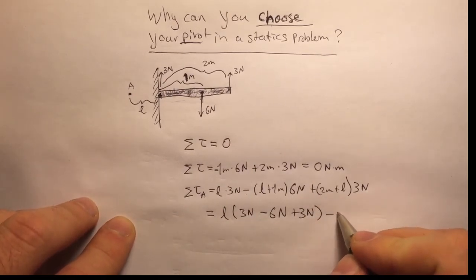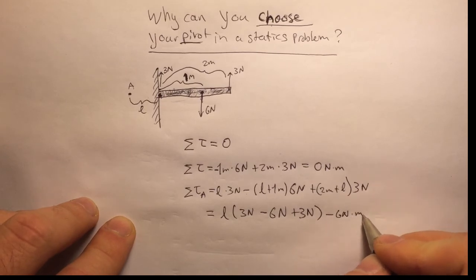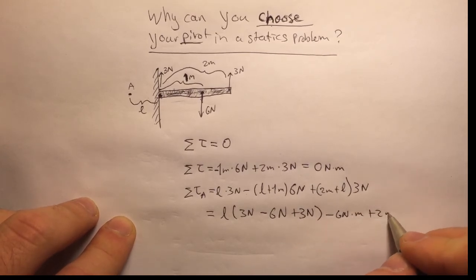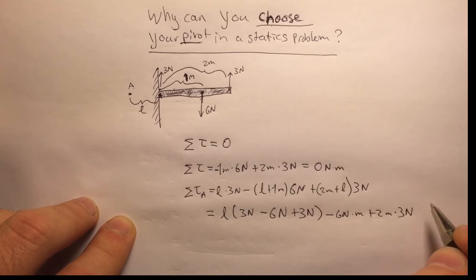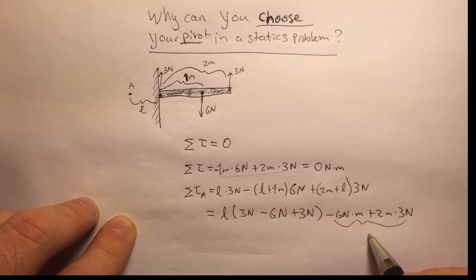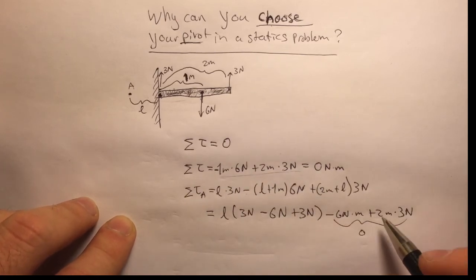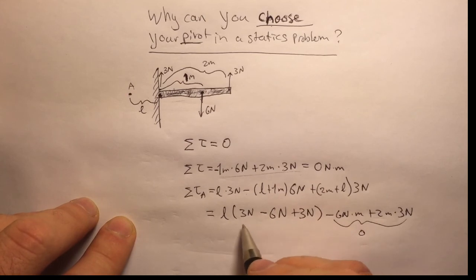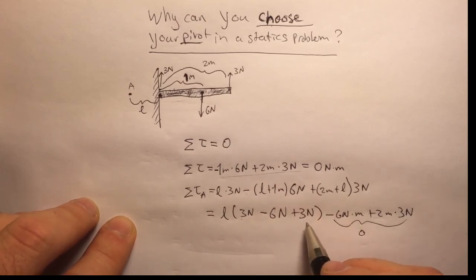That's minus 6 Newton meters plus 2 meters times 3 newtons. And so this right here we know is just the same as this, so that's equal to 0. And also we can see that it's L times 3 minus 6 plus 3, so this is also 0.